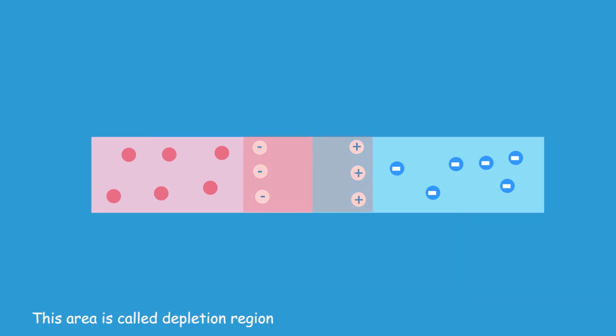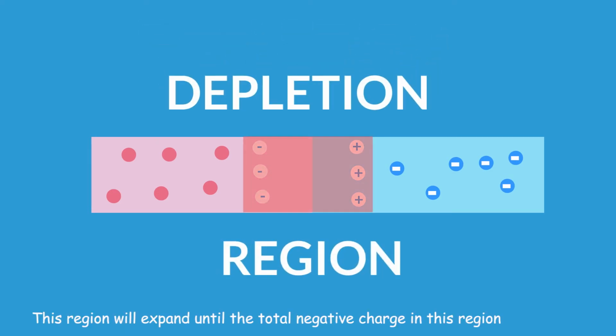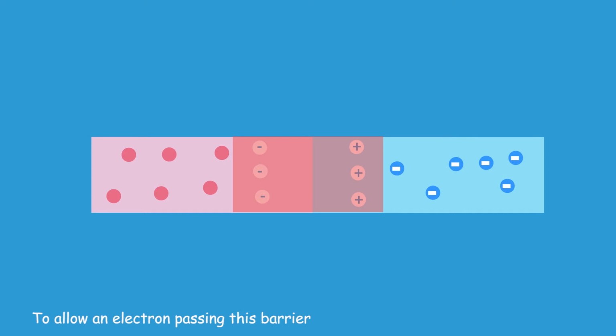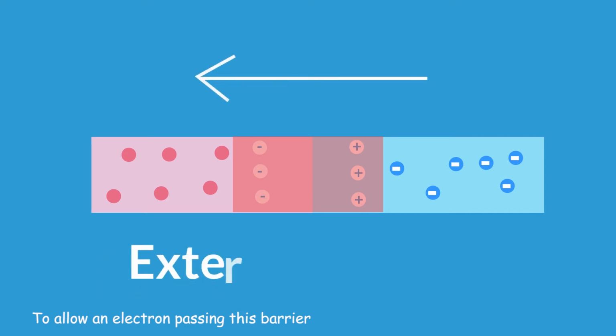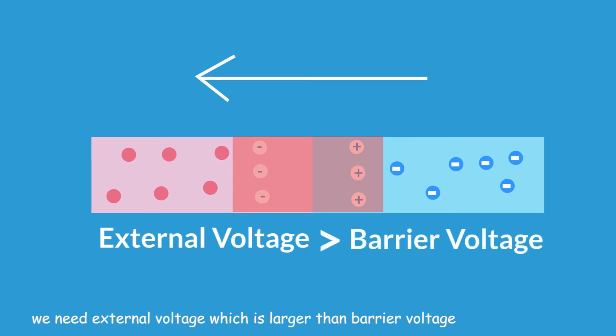This area is called the depletion region. This region will expand until the total negative charge in this region repels any further electron diffusion to the p region. To allow an electron to pass this barrier, we need an external voltage which is larger than the barrier voltage.